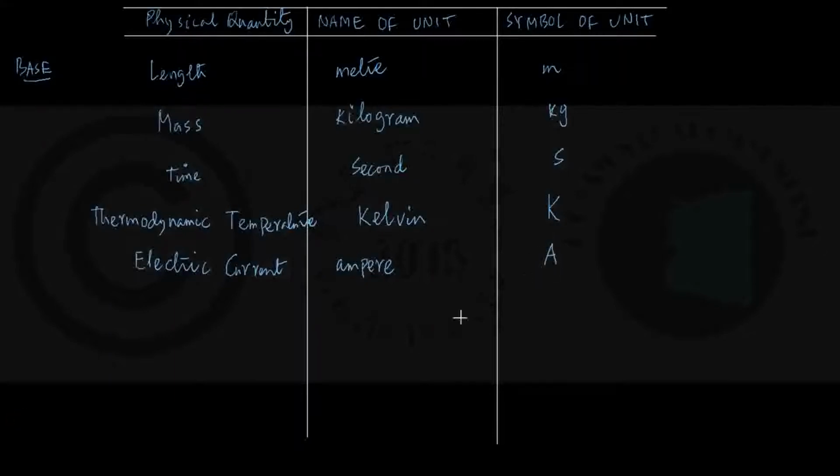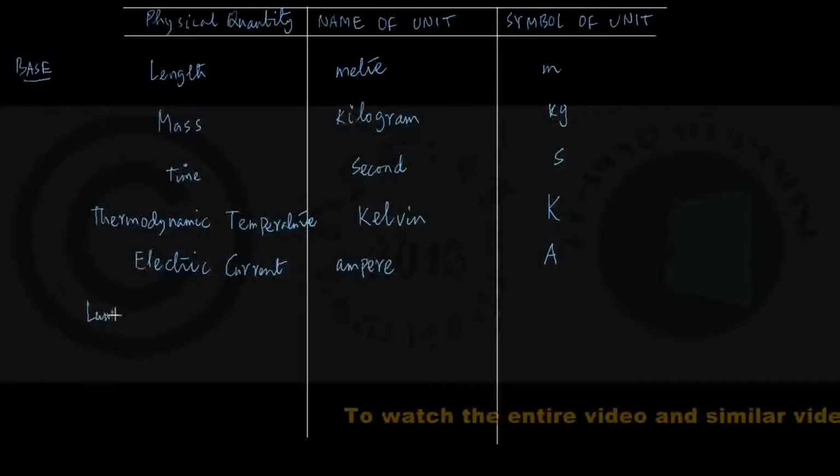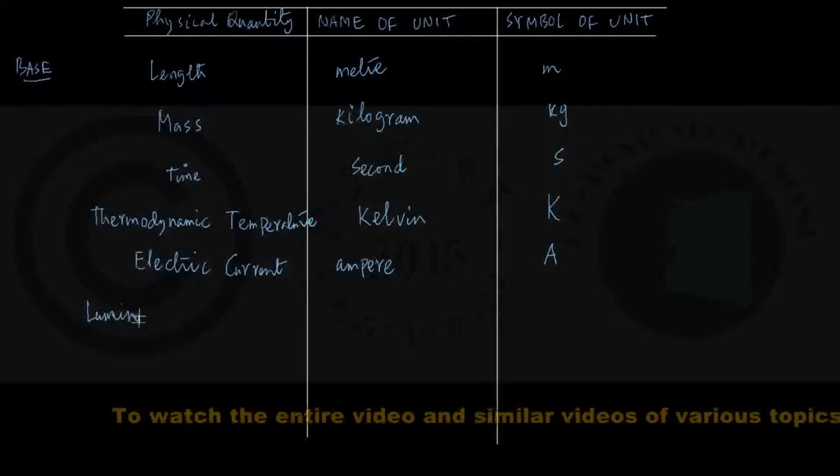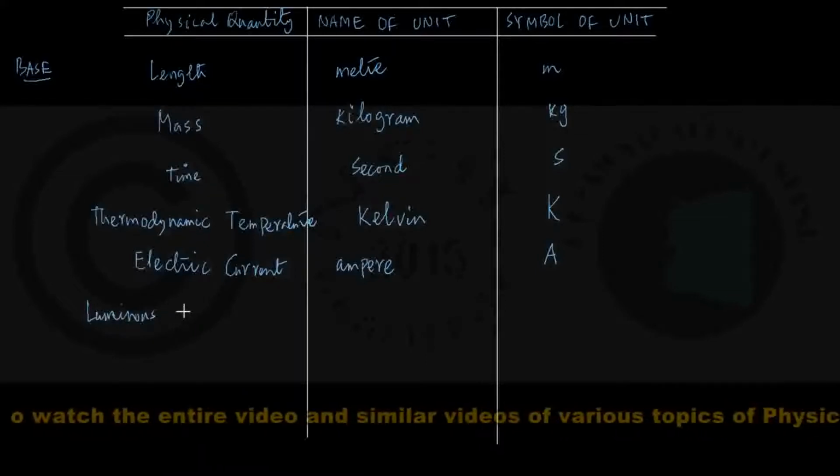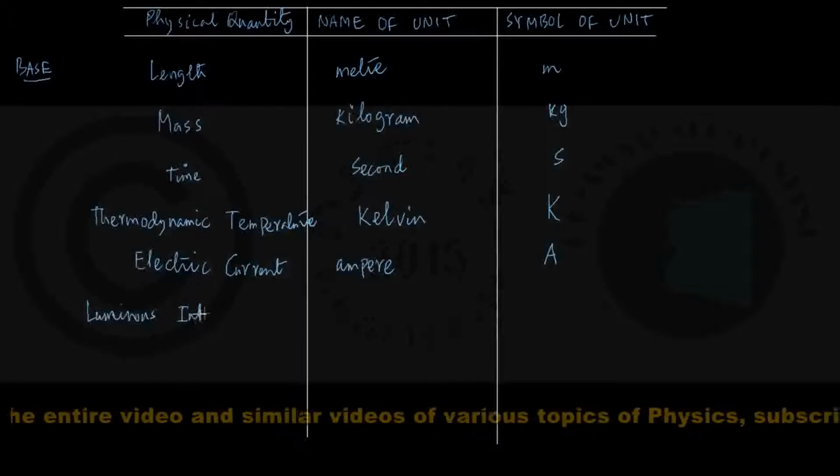Then, a term that might defy you at this stage because you have not learnt about optics in detail, but this is called luminous intensity, something to do with optics, the science of light. Luminous intensity.